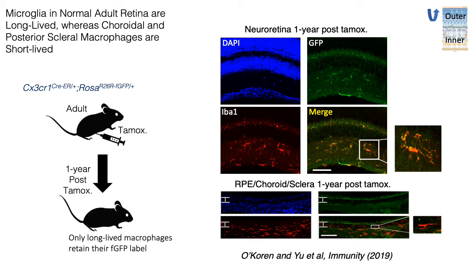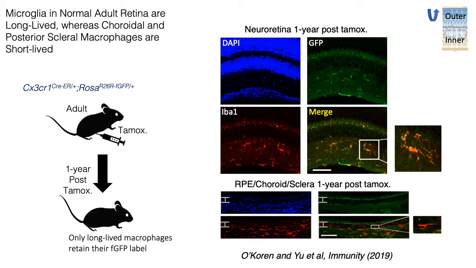In that same paper, we subsequently showed that microglia are long-lived in the normal retina as well, which is in stark contrast to choroidal and posterior scleral macrophages, which were shown to be short-lived.